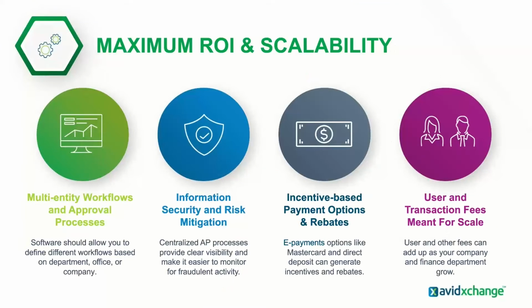So next, of course, when we talk about AP automation, we're always thinking about things like ROI and scalability. These are some of the top things that people have cited to us in surveys: making sure that things like multi-entity workflows and approval processes can continue, because today they may have 3 or 4 people approving one invoice, maybe utilizing email to get that done.